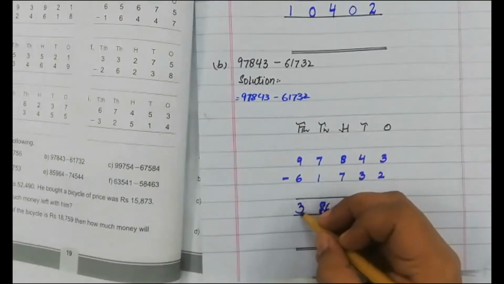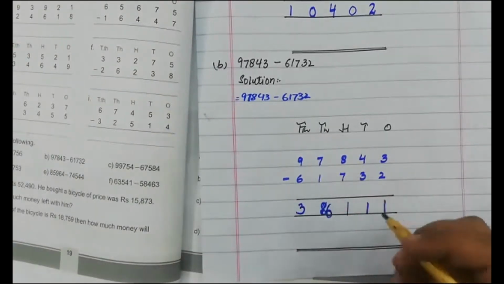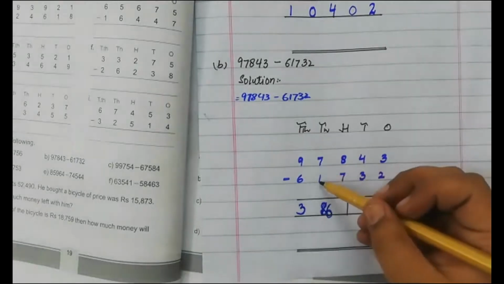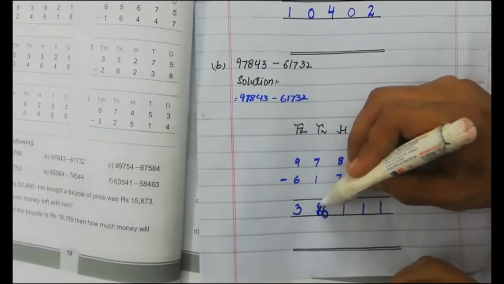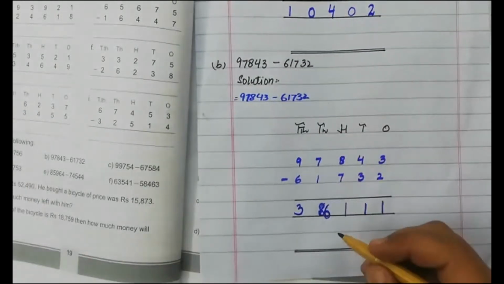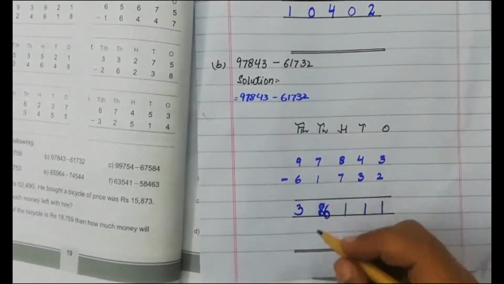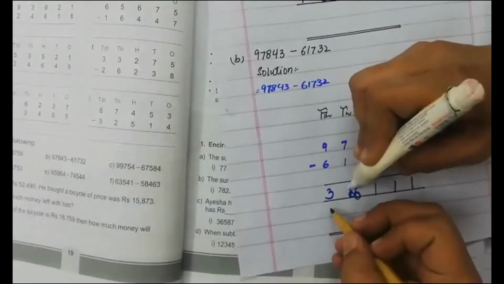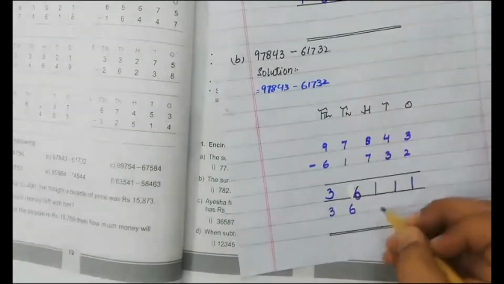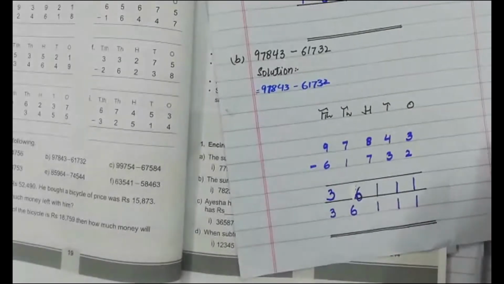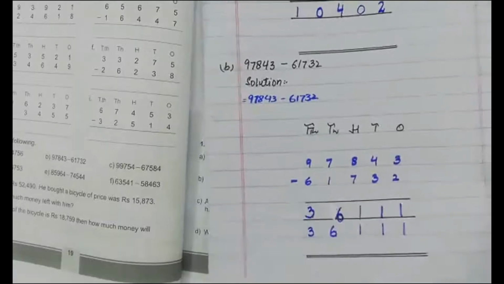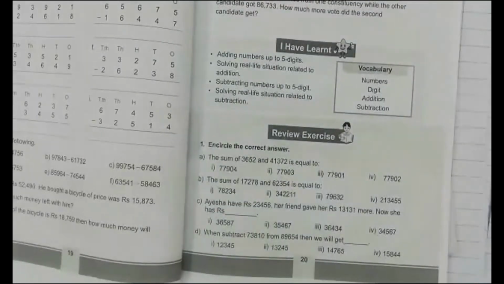Here 7 is greater than 1. 7 minus 1, we are left with 6. So our answer is 36,111. Clear बच्चे?